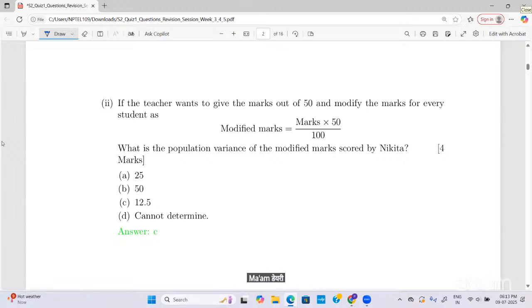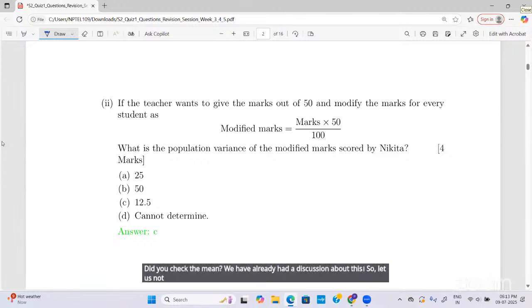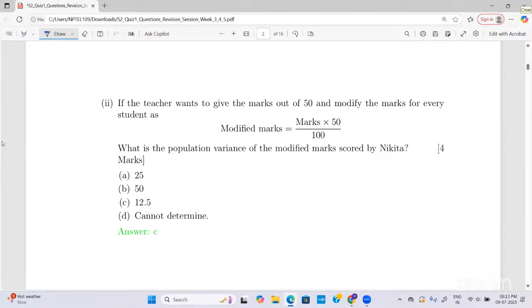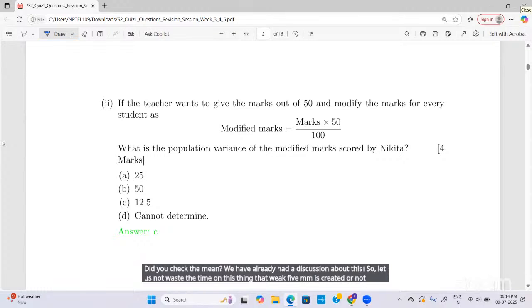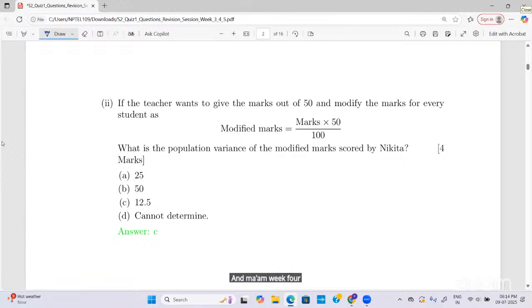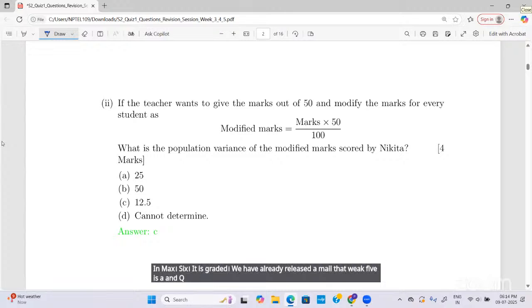Ma'am, there is a written graded part 2. In week 6, did you check the mails? We have already had a discussion about this, so let's not waste our time on whether week 5 EMQ is graded or not. Week 5 EMQ is not graded. In week 6, it is graded. We have already released a mail that week 5 EMQ will not be graded.